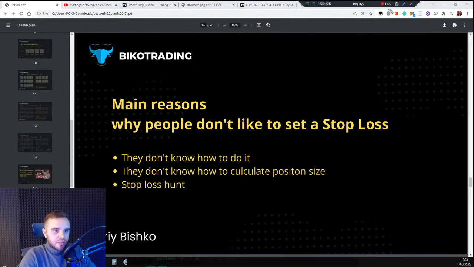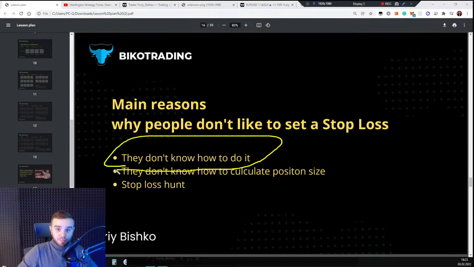First reason, many people, especially beginners, don't know how to do it properly, because stop loss is like a tool, like maybe gas in your house. You need to know how to use it, because you can cook a lunch, or you can burn your entire house. It's important to know how to use it. That's it.